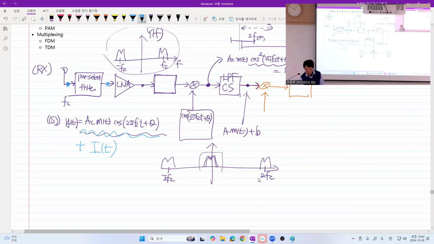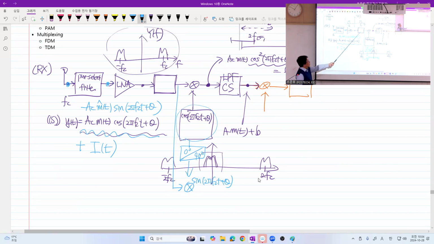So suppose we not only have this one, but also the quadrature phase component, if we have, for example, an upper sideband SSB signal. Then what do we need? Do we need just the cosine? We also need sine. So usually what we do is we have a phase shifter that generates sine(2 pi fc t plus theta), and we have a branch that mixes the signal not only with cosine but also with sine.